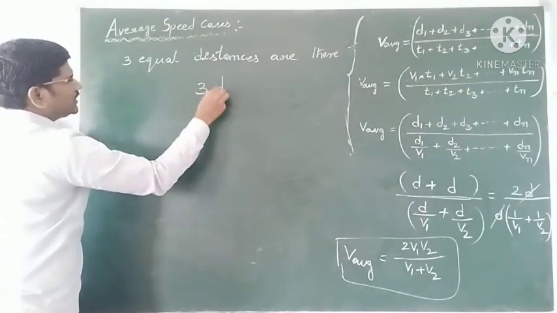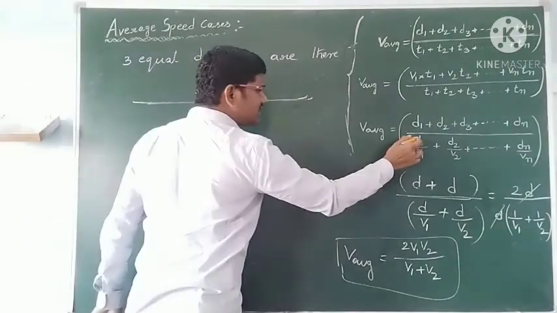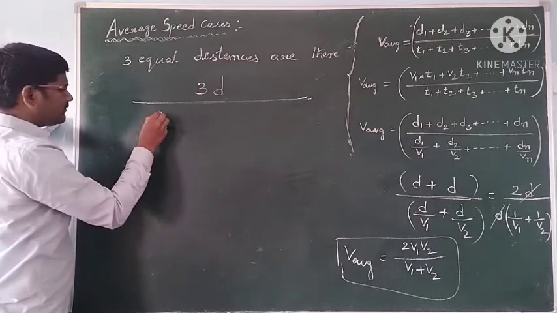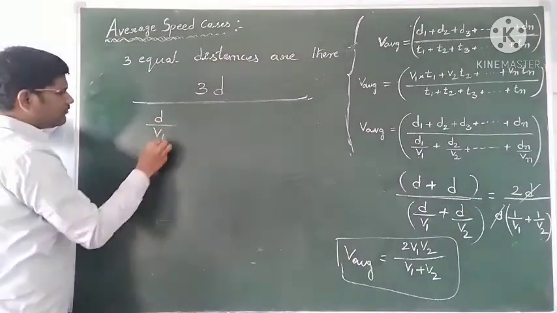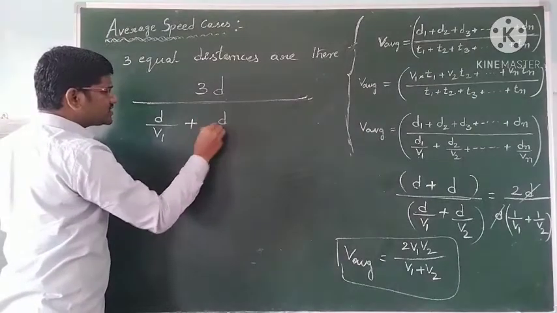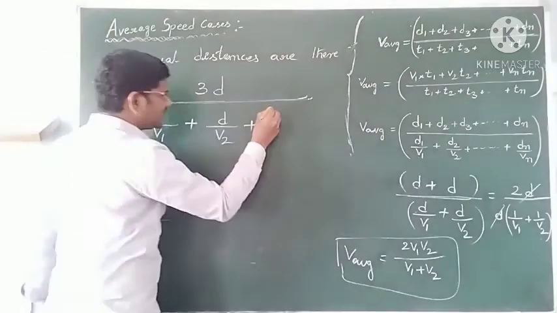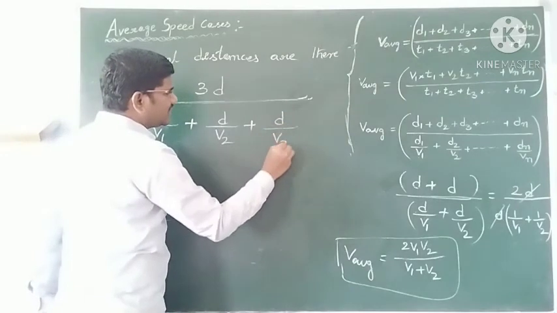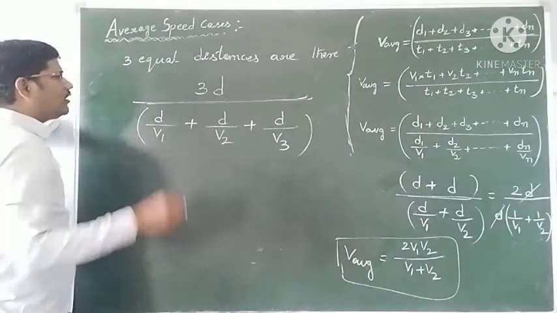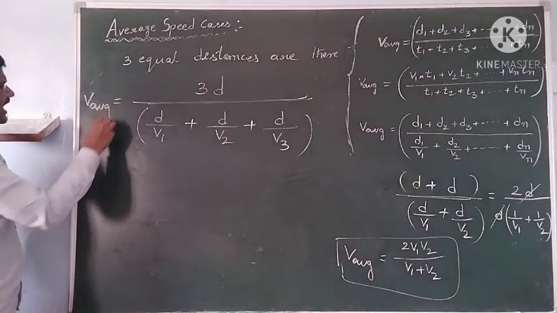3 into d by, what do we have, see students? First distance d1, that is d by v1, plus second distance d2, that is also d by v2, plus third distance, that is also d by v3. Okay students, and we have here v average.